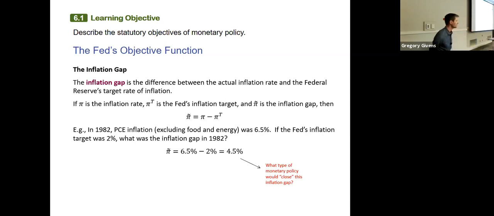Okay, you guys have any questions about that so far? You understand what an output gap is and an inflation gap. We're now going to spend the rest of class today talking about how we construct the Fed's objective function and how it will depend on these two arguments.